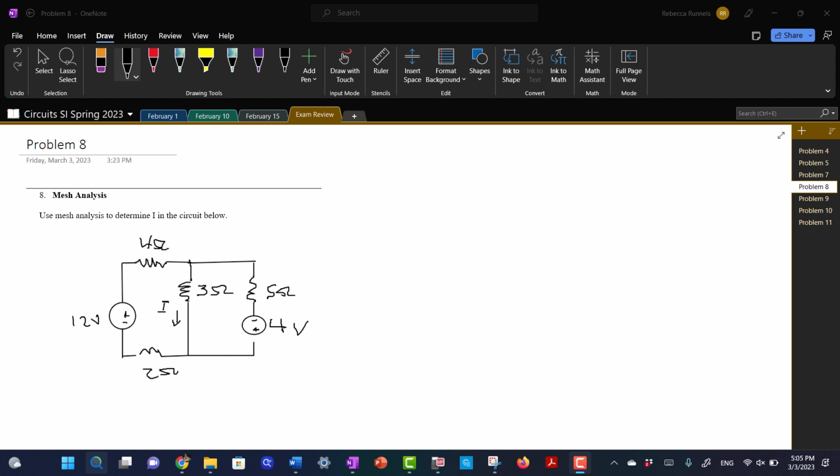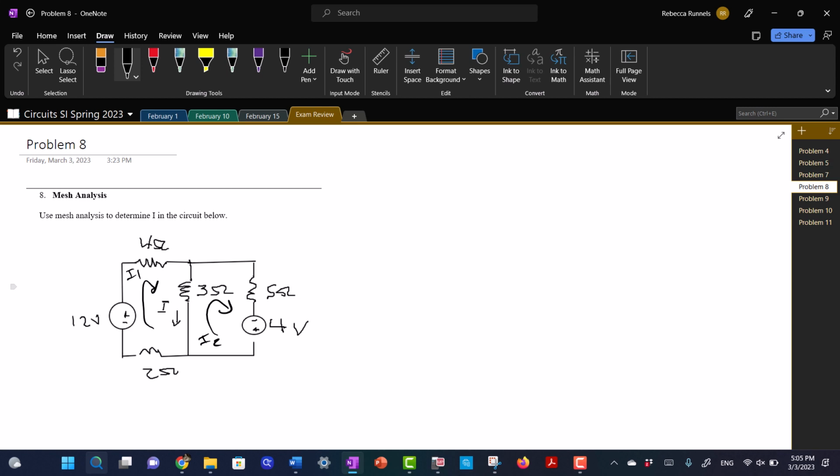All right, so we're going to use mesh analysis to determine I in the circuit below. When we do mesh analysis, I in this picture is not going to be either of the currents in our meshes, because we're going to draw I1 like that and I2 like that.